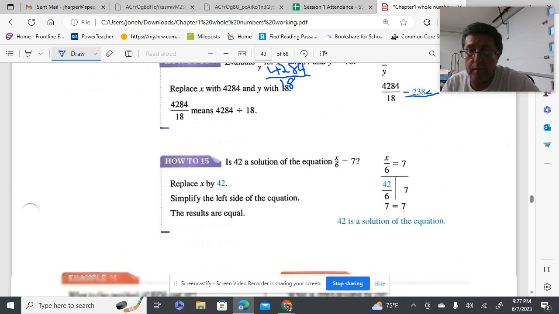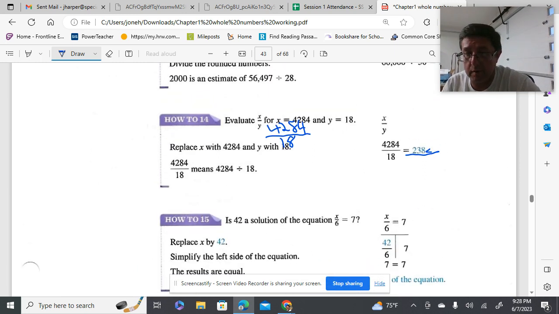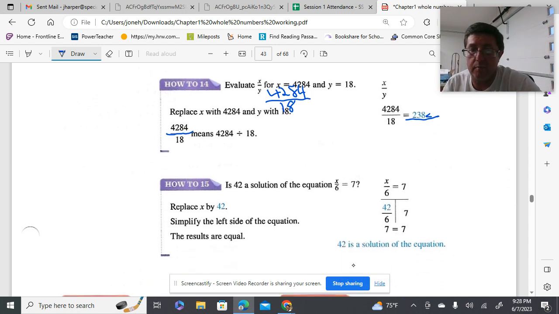But I'm asking you guys to do the math. Again, it's not hard. You just have to remember that this line there means divide. And this line meaning divide, you're going to see a lot more on modern math than you're going to see this symbol. But you still need to know that this symbol means divide.